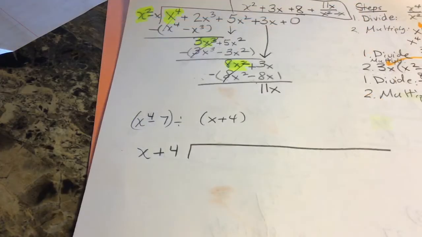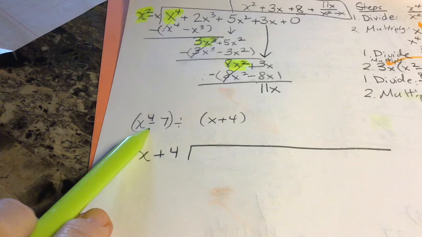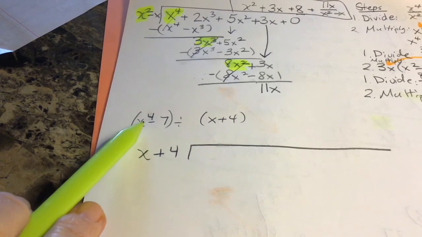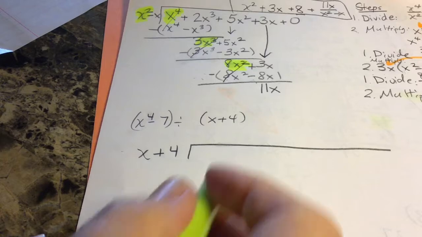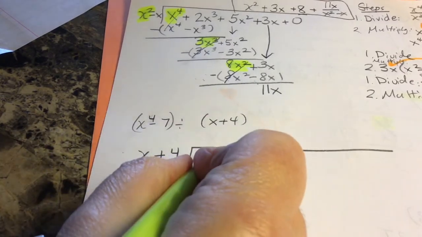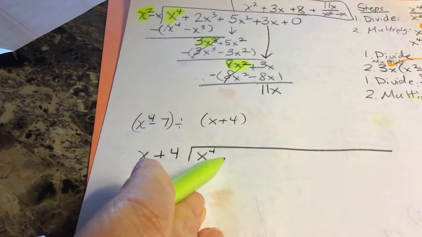Okay, I want to do one extra problem because we hadn't encountered any like this, where if you look at this dividend, you have x to the 4th, but there's not an x cubed, there's not an x squared, there's not an x, and then you have your constant. When you put your dividend into the correct form to divide, you have to have every variable represented here.